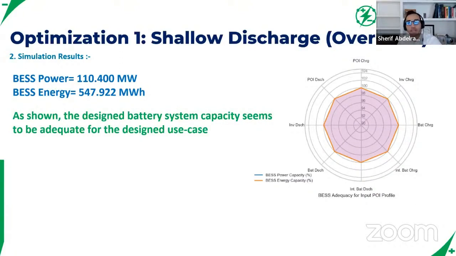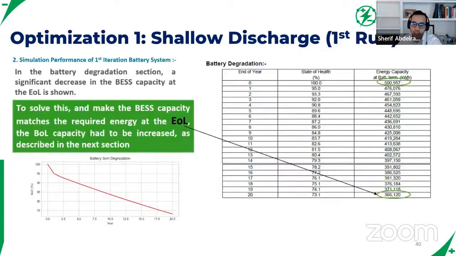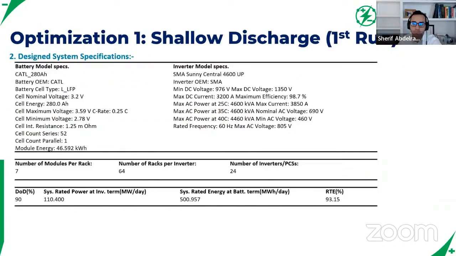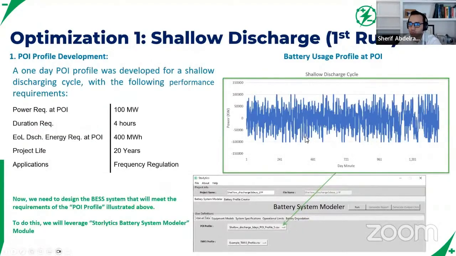But if you're participating in a merchant market, or in PJM or some other ISO, then you can look at historical data for the service you're planning to participate in. For the shallow discharge case, we actually use the PJM signal for frequency regulation, the Reg D signal. If you're in that environment, that's where you can get it. So to answer the question clearly, it depends. Are you the utility, or a developer, or where exactly are you in the supply chain?